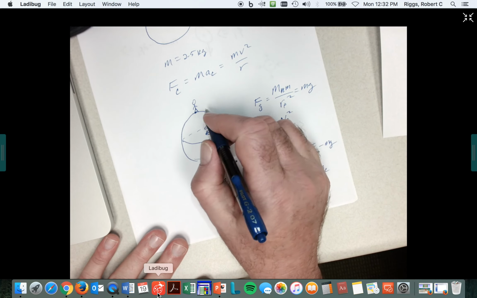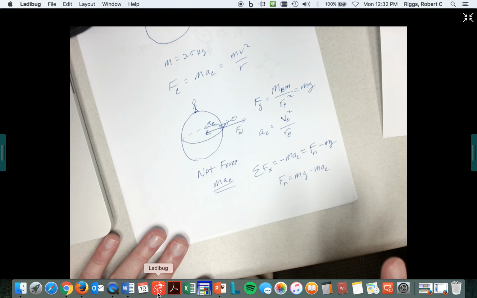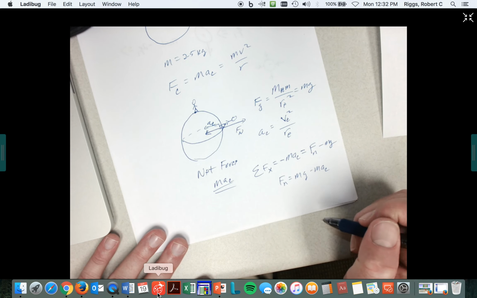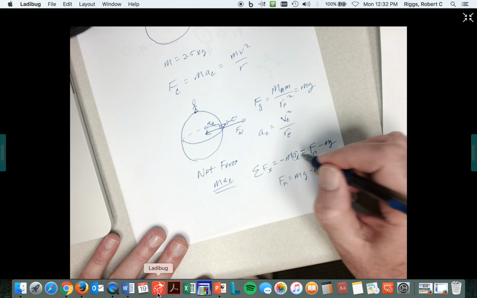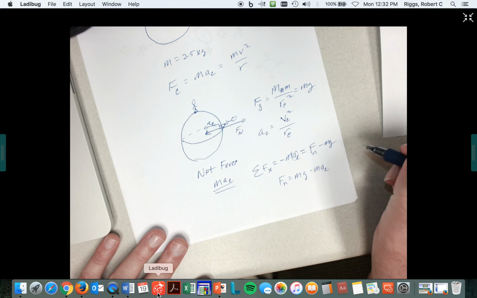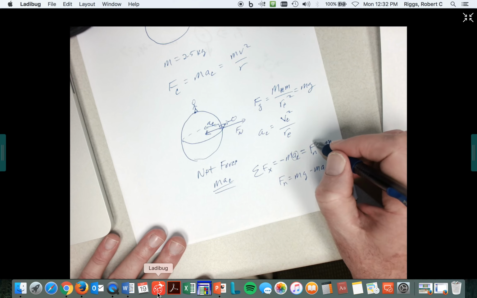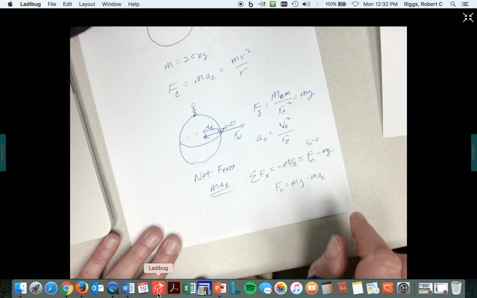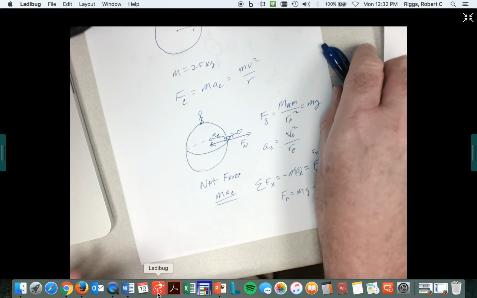So you actually lose weight if you go to the equator. If you get going fast enough, if this m a c eventually equals mg, then the normal force becomes zero. What happens? Whoosh, you go flying off the face of the Earth. All right, probably got too deep there.